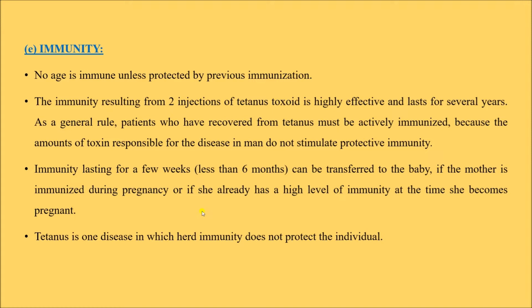When a woman becomes pregnant, that means the pregnancy is confirmed, we encourage her to take the tetanus toxoid 2 doses whenever applicable. This will confer some immunity to the newborn. So by this we can avoid neonatal tetanus. And in tetanus there is no concept of herd immunity because man-to-man transfer does not occur.